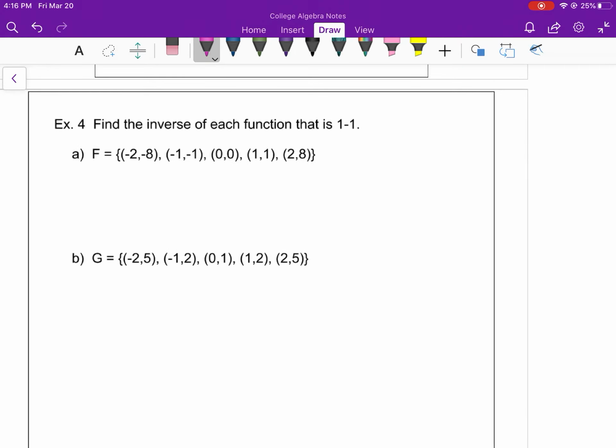Okay, remember we talked about one-to-one. For a function to be one-to-one, it has to be a function first, which means it has to pass the vertical line test. And to be one-to-one, it also has to pass the horizontal line test. So in other words, we have no x's repeating for being a function.